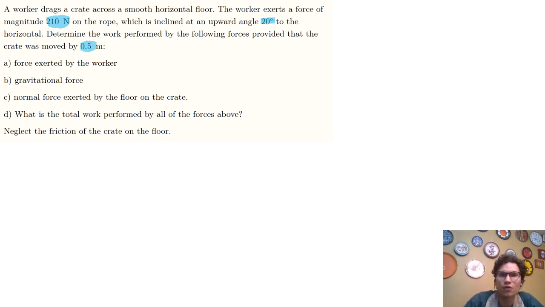So let's draw that. Let's draw all of the forces with a diagram. We have the horizontal floor. We got a crate here.